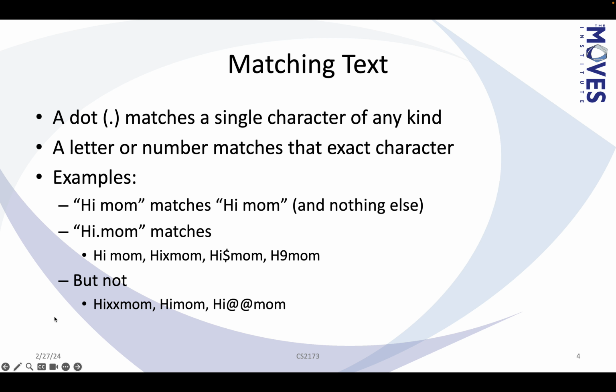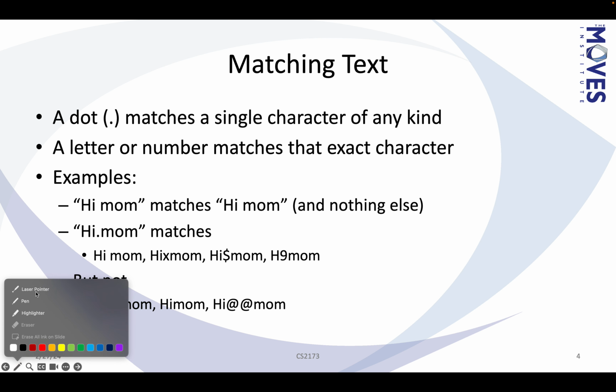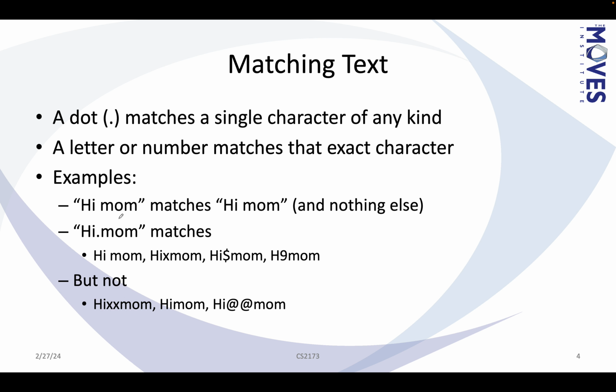So, for example, here's a string of characters, and this is all case sensitive, by the way. Hi mom, like this with a space there, matches this text and nothing else.